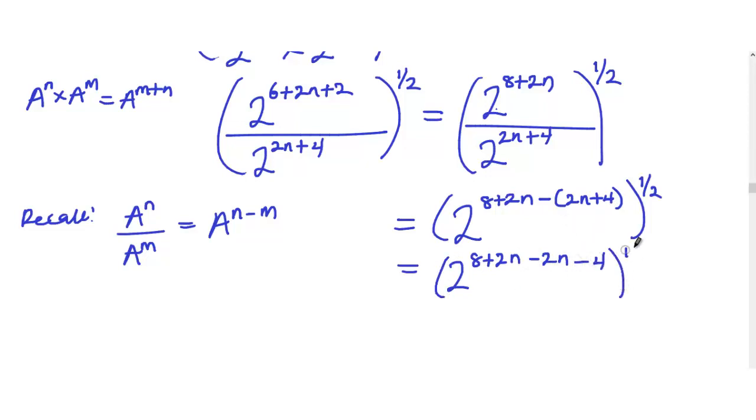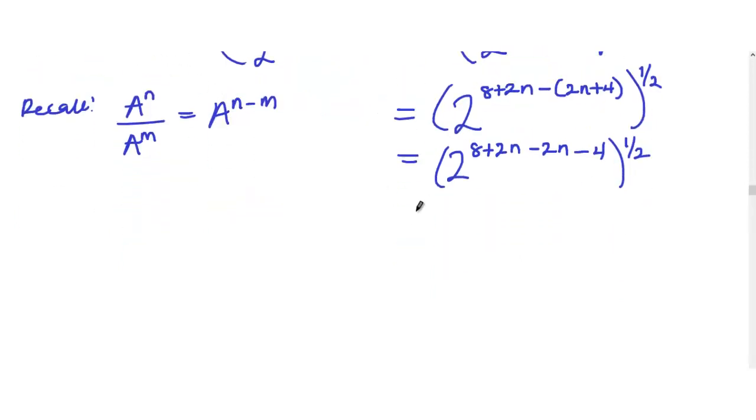Everything raised to the power half. So we're almost through. So we now have 2 raised to the power, let's collect like terms. 2n minus 2n, they cancel out. Then 8 minus 4, that is 4. So 2 raised to the power 4, all raised to the power half.